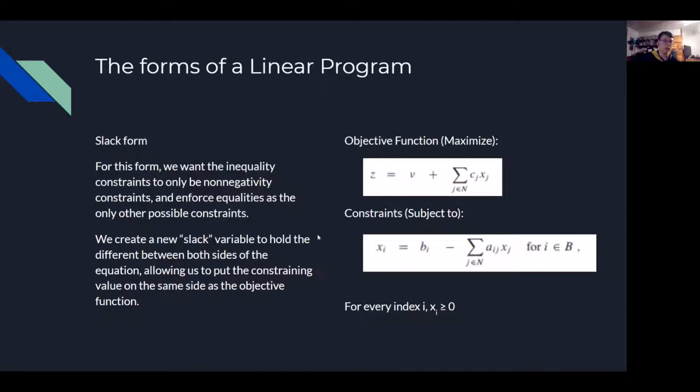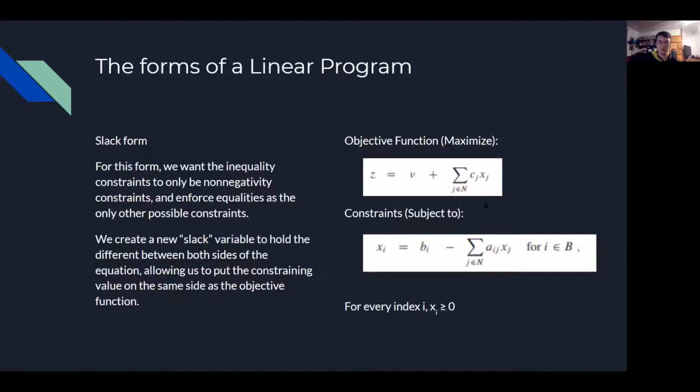And we can convert the standard form into a slack form where we want only non-negativity inequality constraints. And for every other constraint, we want to make it an equality instead. And to do this, we end up creating a slack variable which holds the difference between both sides. And we can put the constraining value on the same side as the objective function.